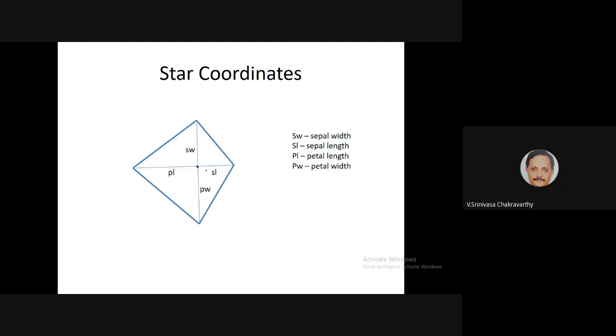So the 4 points you plot like this. Sepal length you plot on the positive x-axis, sepal width on the positive y-axis, petal length on the negative x-axis, petal width on the negative y-axis. Once you have these 4 points, connect them using a polygon. This polygon now indicates that one data point.